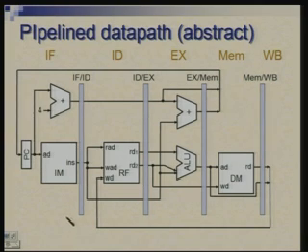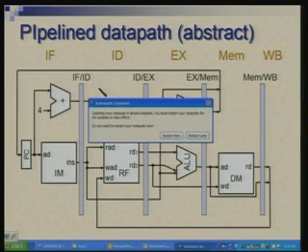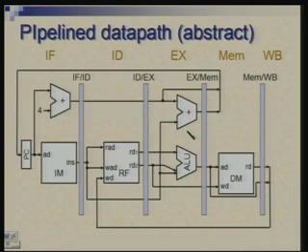And these registers which separate the stages are labeled by the two neighboring stages. For example, IF/ID means the register between these two stages. So, now in this most of the paths are actually forward going paths, which get broken by the registers. There are two backward going paths.